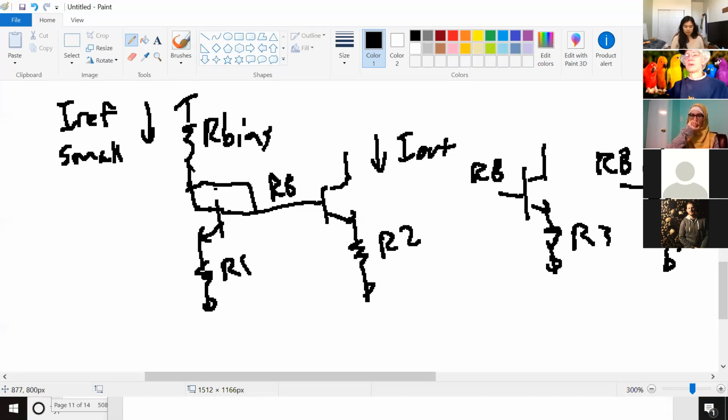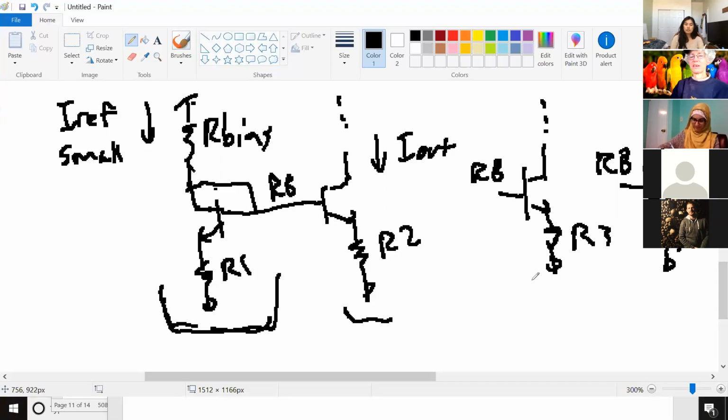This generates your voltage, and you can use this RB in a whole bunch of other places for the circuit to use. Its job is just to generate that voltage. This and this and this are probably actually being amplifiers or, you know, whatever circuit you're building. Those are the things that are actually doing your job.